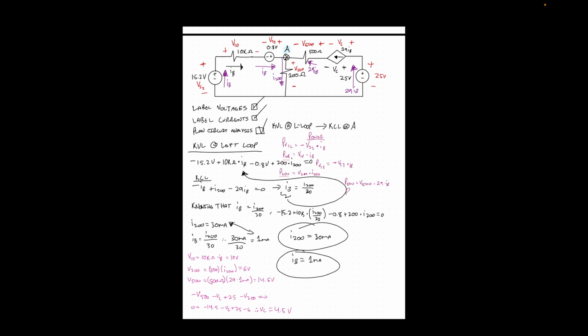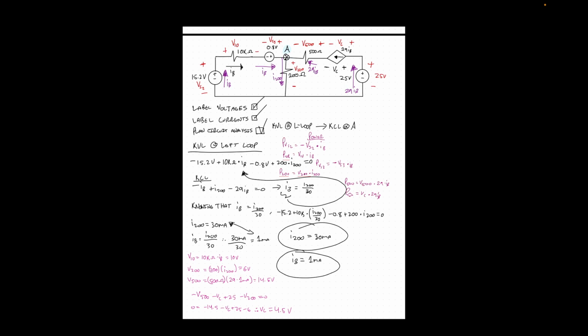My power through my current source is going to be VC times my 29 I beta. And again, why is it positive? Well, it's obeying passive sign convention. It's going in the direction of a positive towards a negative.